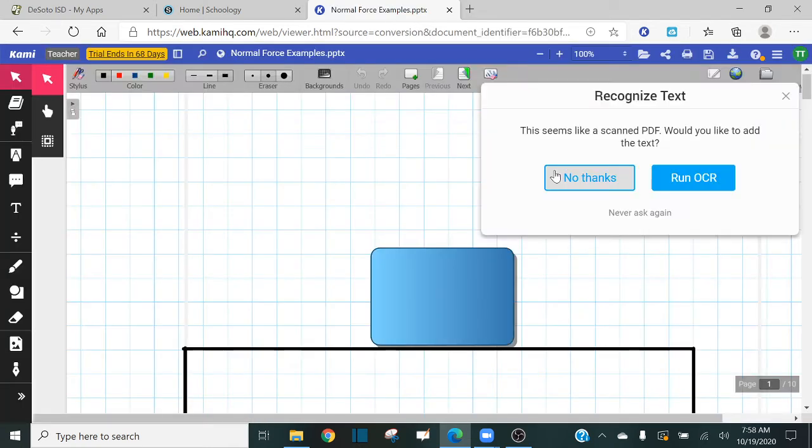So it's converting. As soon as it converts, I'm going to share my screen.